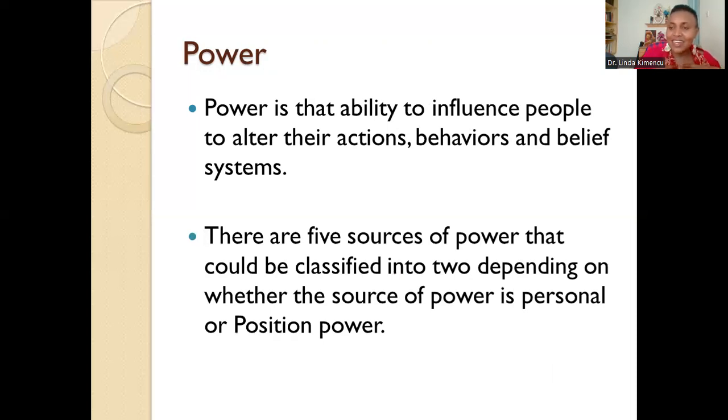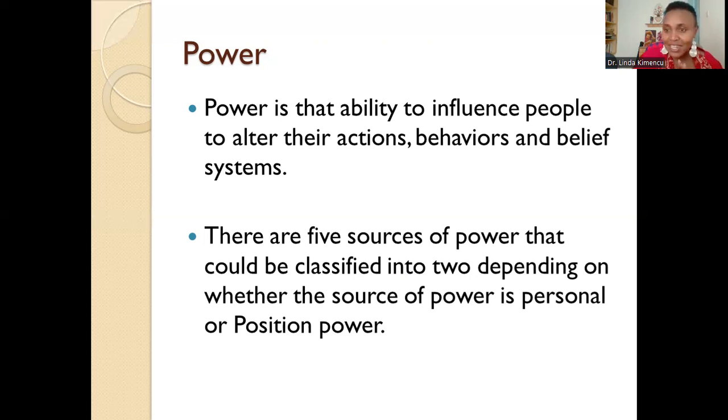It's intrinsic. People are influenced by you not because you have a position, but because maybe you're very charismatic, probably you have a lot of expertise in that field, or probably you have high levels of networks and association. It has something to do with who you are as a person, the personal attributes that make people want to listen to you.